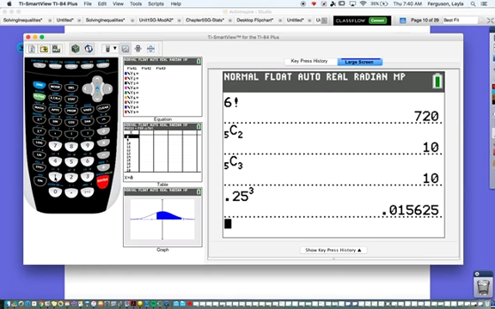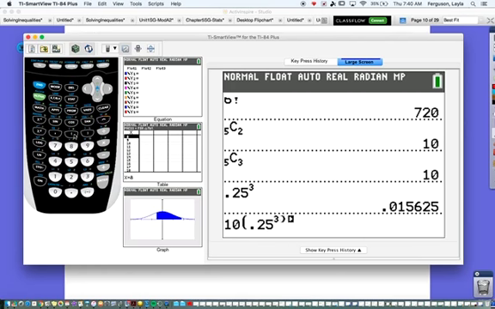Actually, let's do this. It may make it a little easier. So let's say 10 times 0.25 to the 3rd times 0.75 to the 2nd.